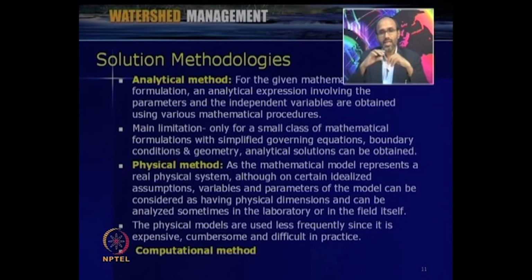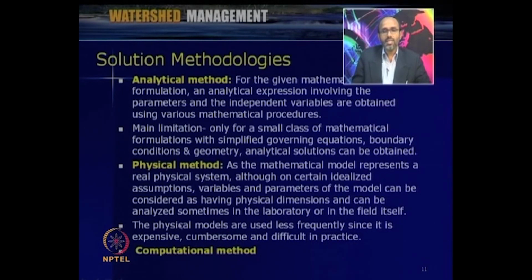Considering all these complexities in a lab is a very tedious job, and even in the field, while various hydrologic processes like rainfall are happening, to measure and identify the various parameters is very difficult. So, the physical models are used less frequently, since they are expensive, cumbersome and difficult in practice.